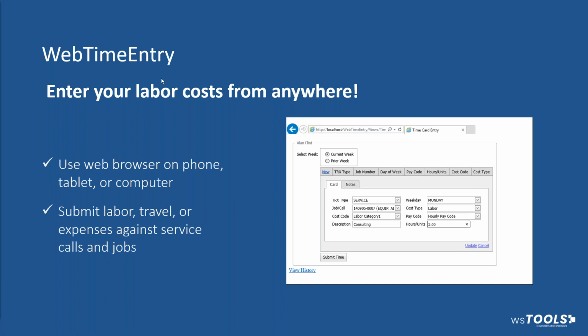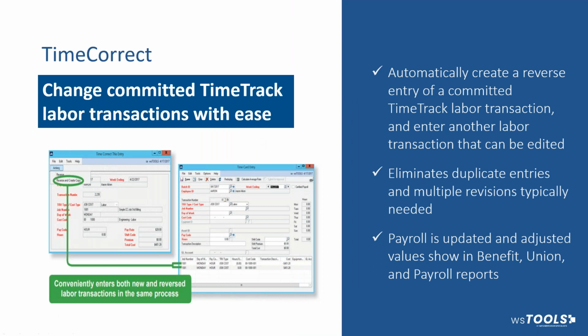So let's go into Time Correct. If you want to go to the next slide. Time Correct is for those transactions that you've already committed through TimeTrack, and you've applied them onto your service call or onto your job, and then you find out later that somebody posted to the wrong service call, let's say, or wrong job, or they actually switched unions or something like that that you weren't aware of, and so you want to correct the transaction that you've already recorded.